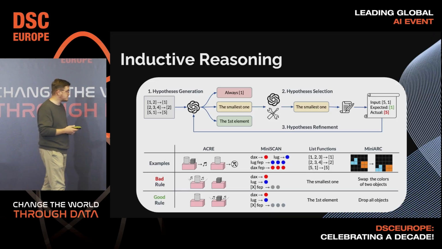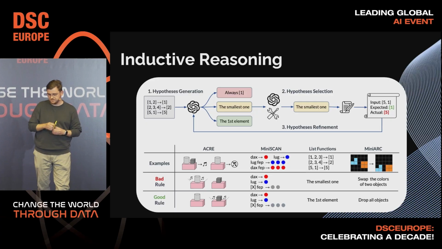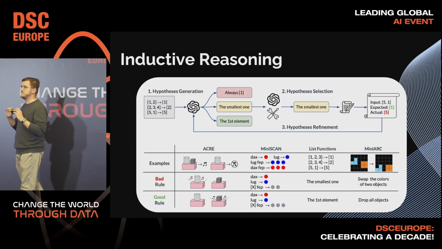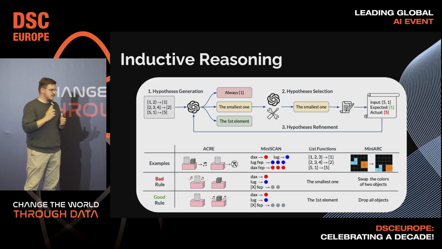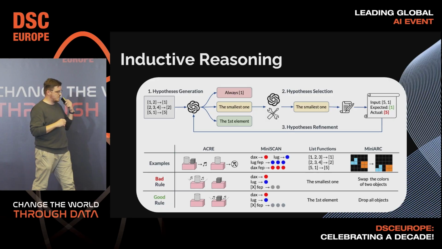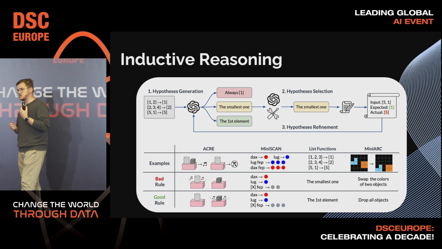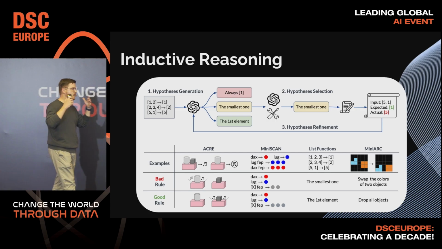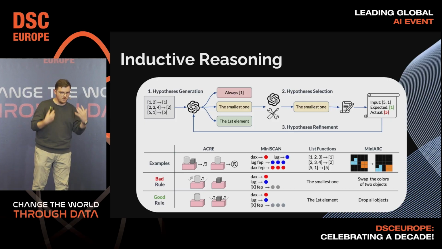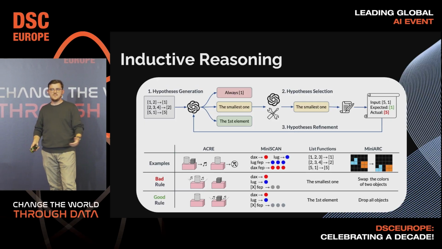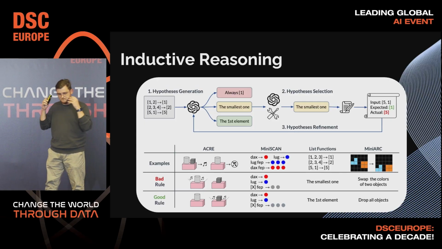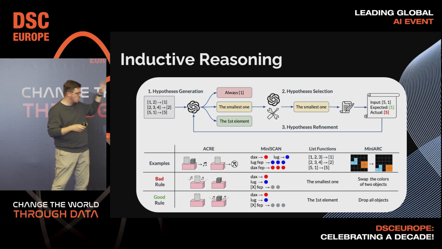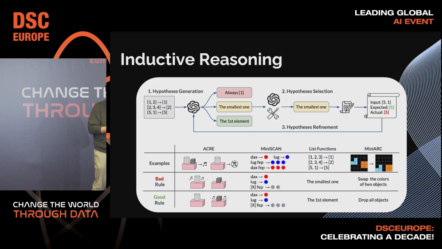And they came to the result that LLMs are great at generating a lot of different hypotheses, but they are really, really bad at applying them to the task for which they generated the hypothesis.